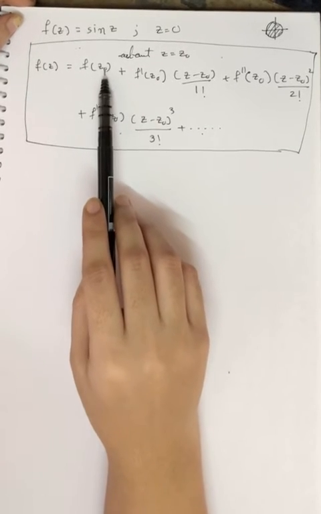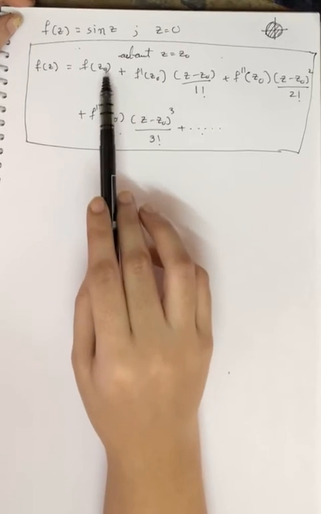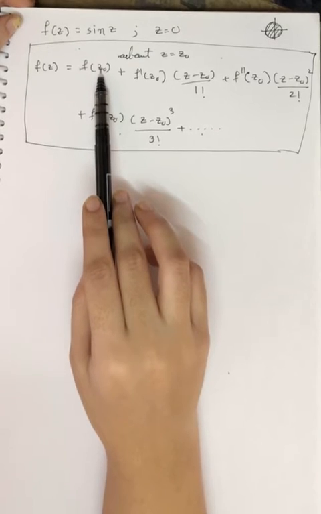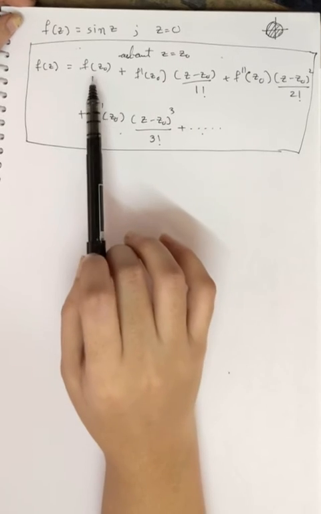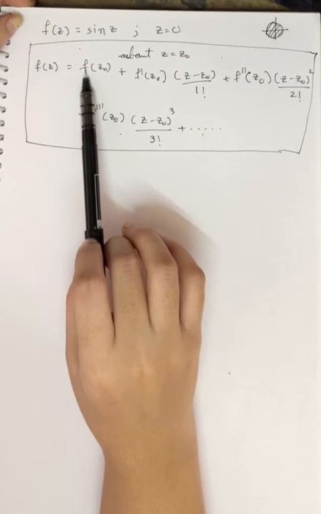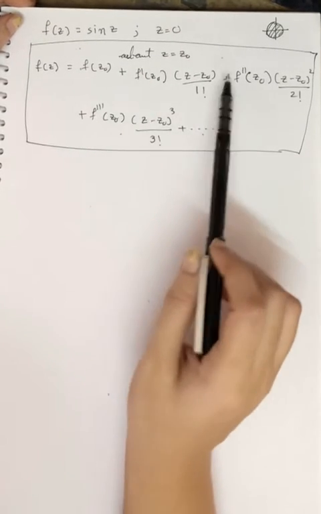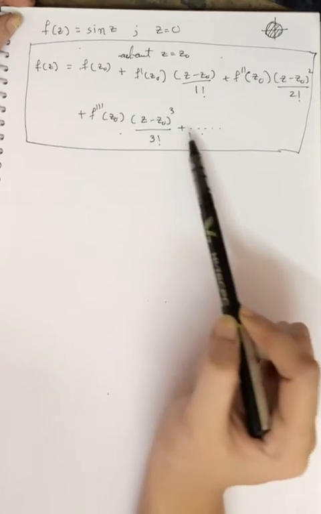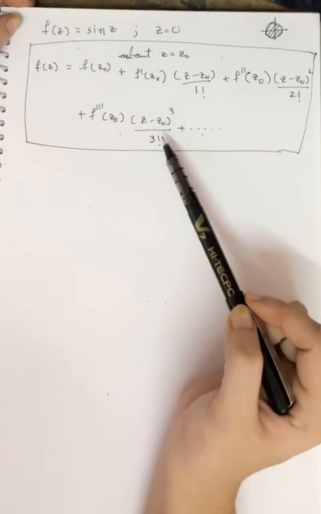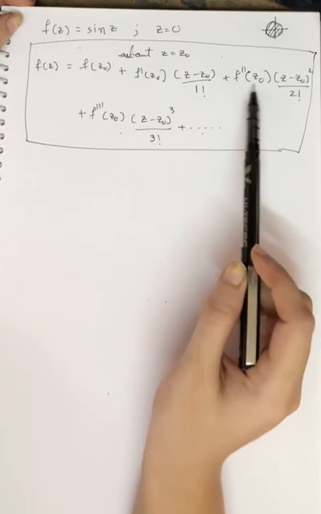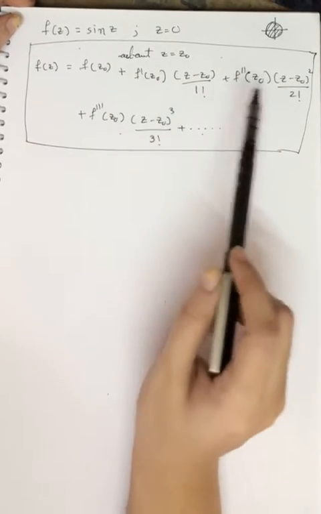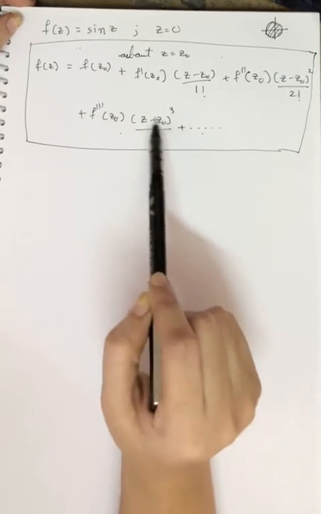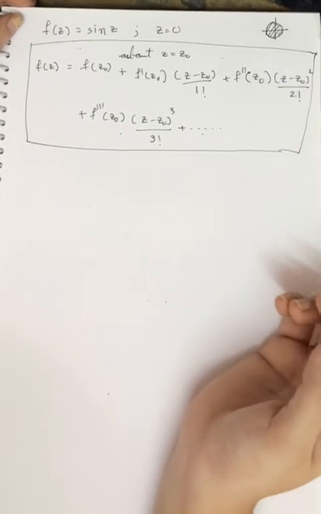Of course z0, but I am not considering the z0 part because we can just plug z0 into the function itself, so that will not be a big job. But we want the function itself, then the first derivative, second derivative, third derivative, and so on, and that is the important thing which we are lacking. So first let us find this out, and then we just have to do multiplications only.